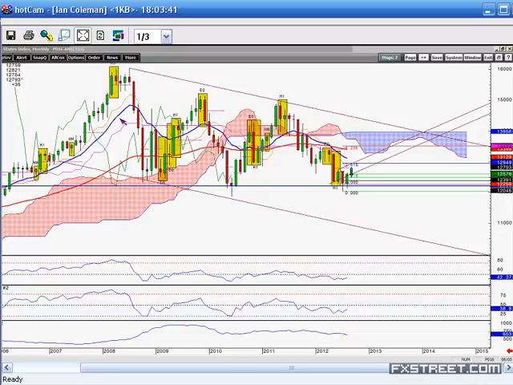The RSI 2 I use more for symmetrical patterns. If I'm looking at a crab formation, a butterfly, or a dartly pattern, then I want to see that in overbought or oversold territory. That second RSI gives me a different reading to the normal RSI 8.